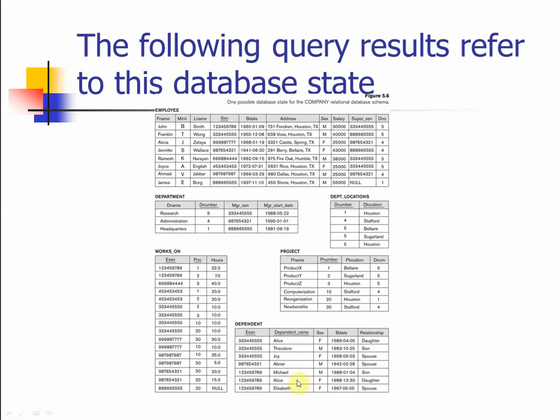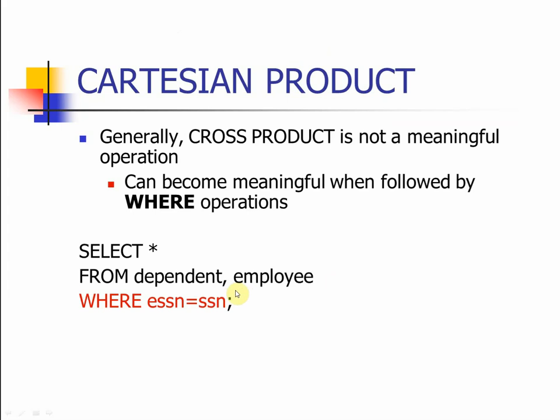So this process will keep going, and we only want to keep rows where the ESSN of dependent equals the SSN of the employee. So that is how we will be able to make it useful. And therefore, you can see that when we do select star from dependent and employee, if we have a semicolon over here, we'll end up with a big table, and much of that information is not useful. So what we want to add is saying that where ESSN equals SSN.